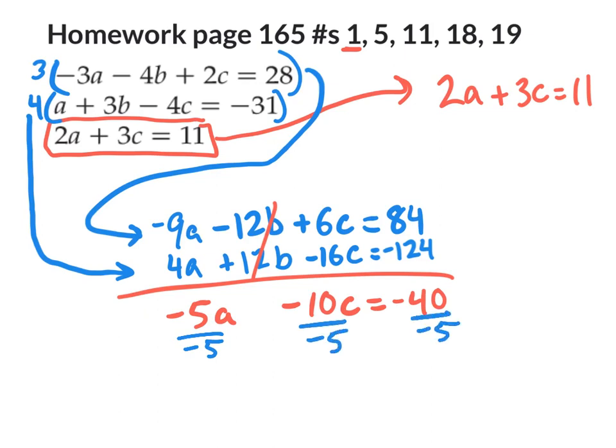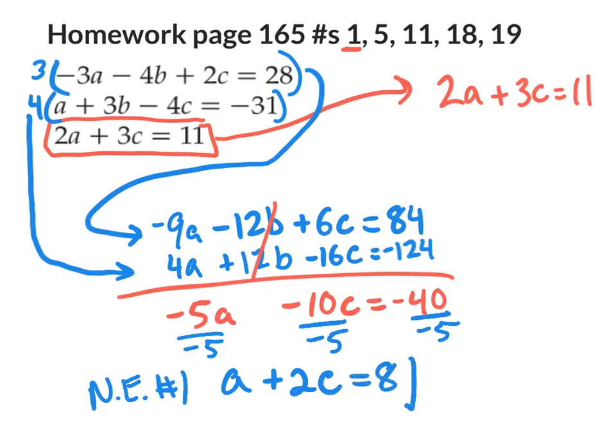So technically, my new equation number 1 is A plus 2C equals 8. But I purposely made this new equation to have the missing B value. Now, why is that? Because this third equation has a missing B value.